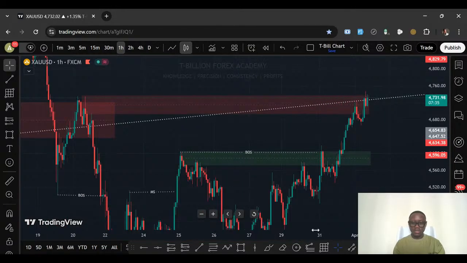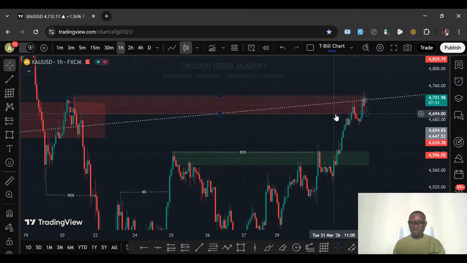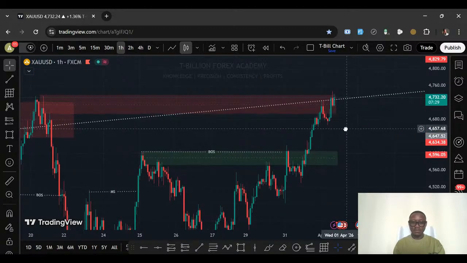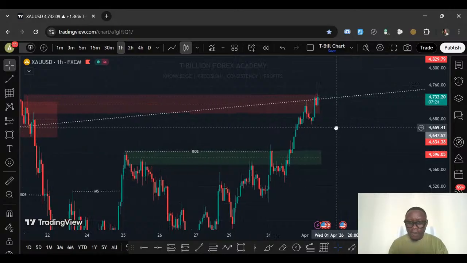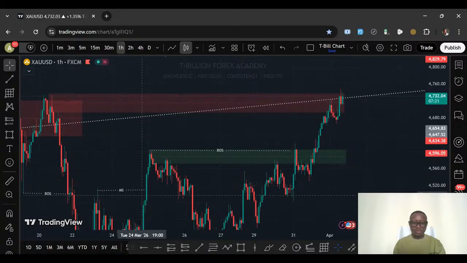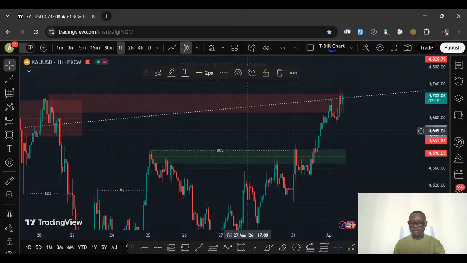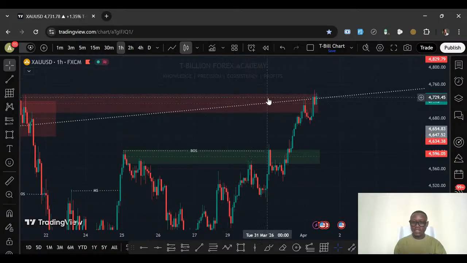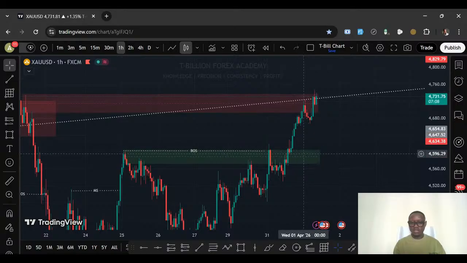For now, I'm waiting on gold here for a sell and here for a buy. Okay, so I'll wait patiently for the setup to build up before I take my trade. Patience is what separates a pro trader from a gambler. Again, I'm expecting a reversal at this point, and at this point, I'm expecting a buy.